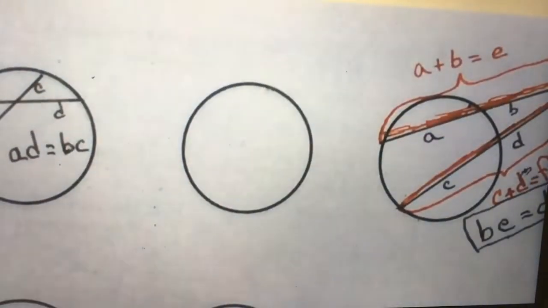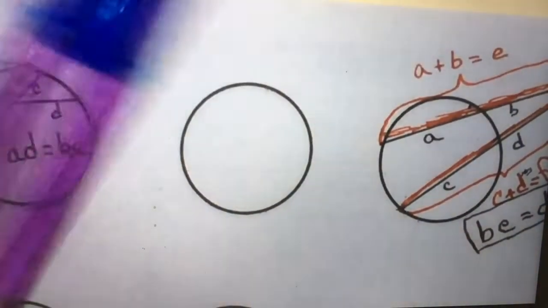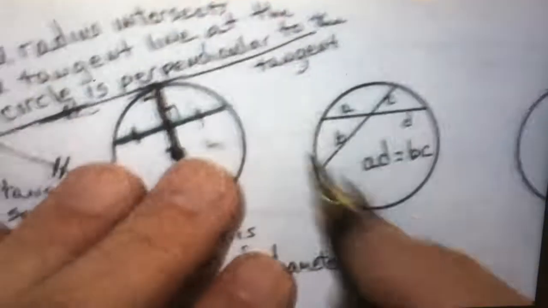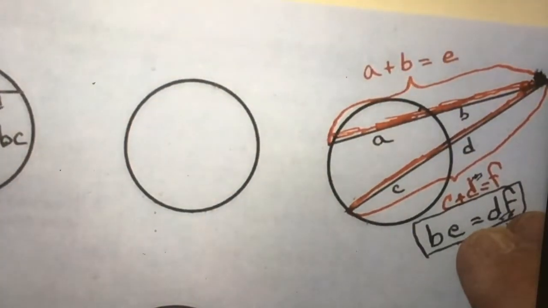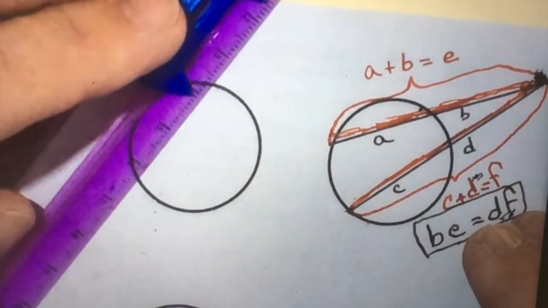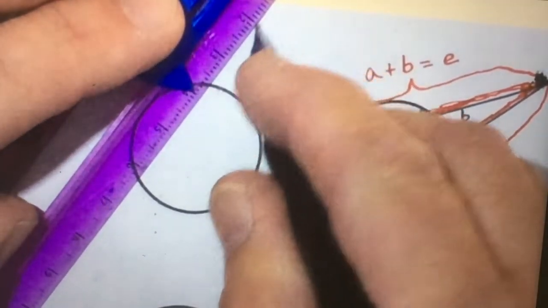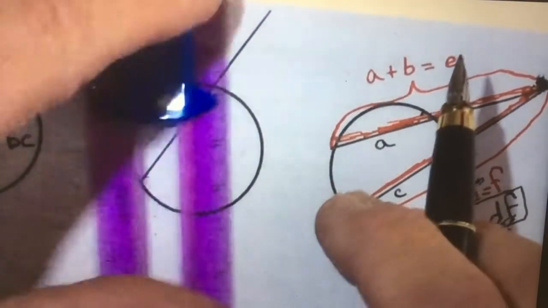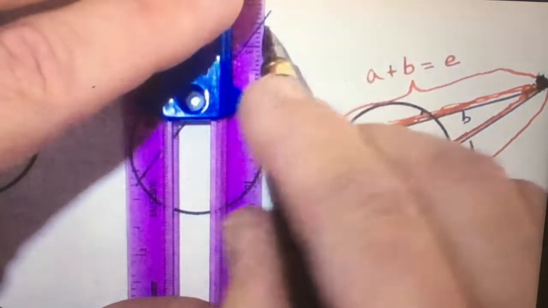So moving to this one, the other possible thing that can happen is sort of a combination between this and this. And that is, I get a secant line here that intersects with a tangent line on the outside of the circle.